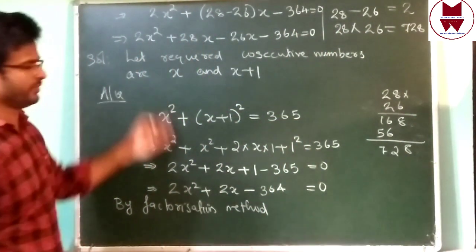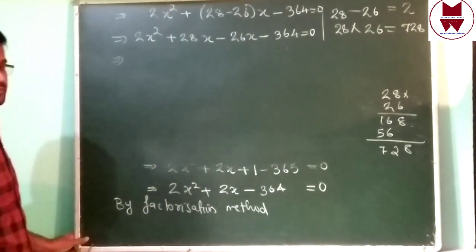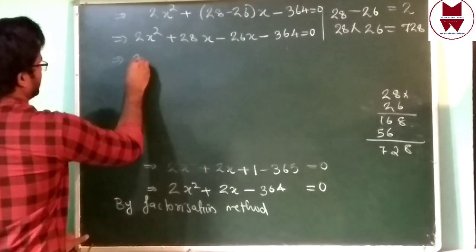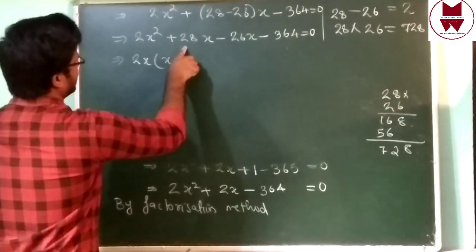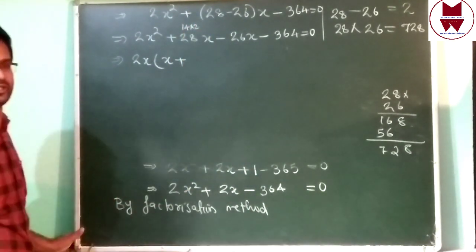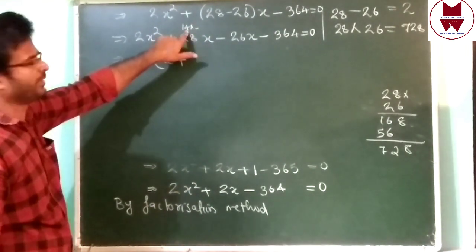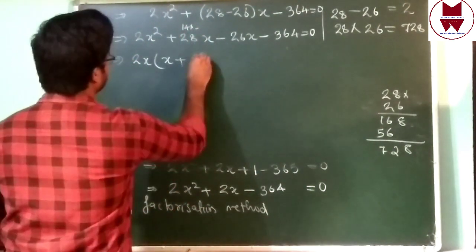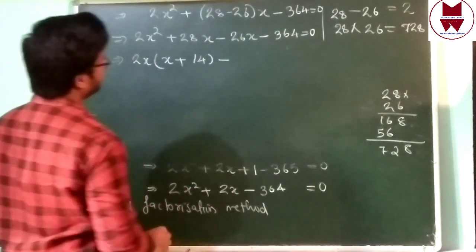Just pause the video, write down. In first two terms, what is common? 2x. Take outside. Then remaining in here only x, plus in here remaining 28. We can write 14 into 2, 28. Then this 2 and x I took outside, then remaining only 14. Minus.